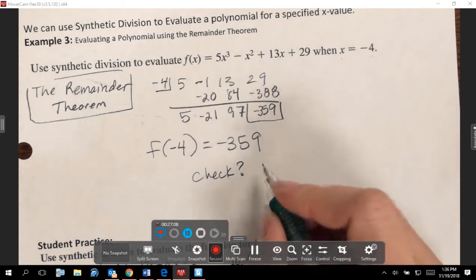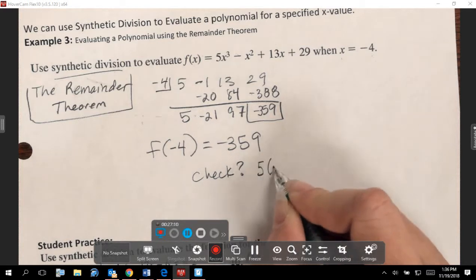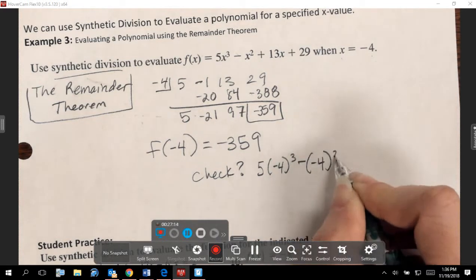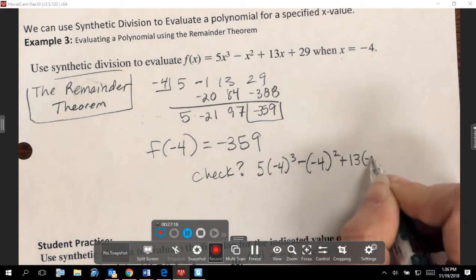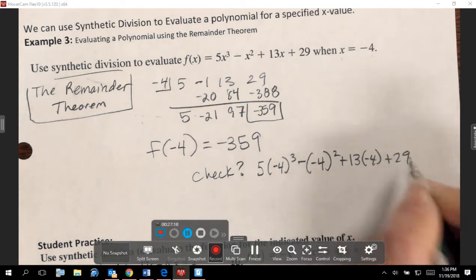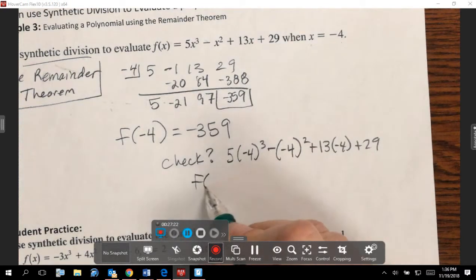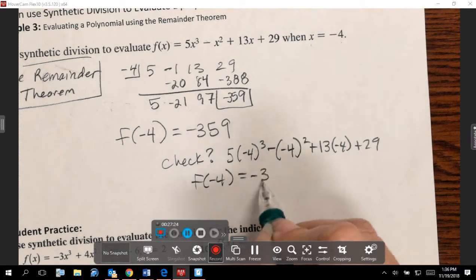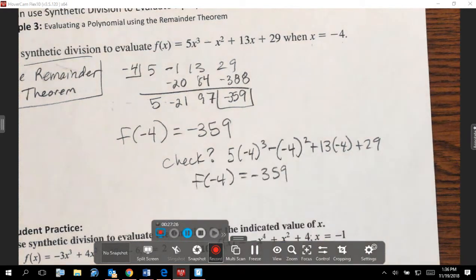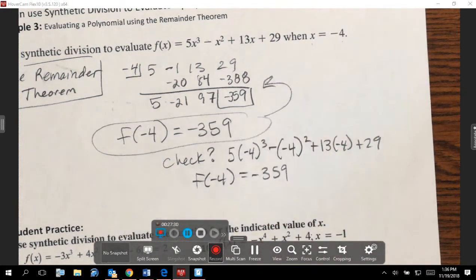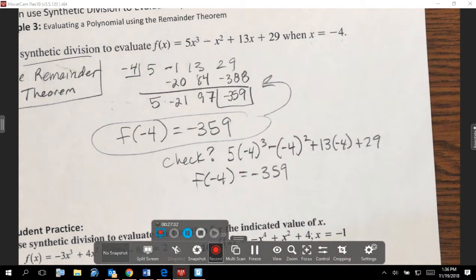You could take your calculator and do 5 times -4 to the third minus -4 squared plus 13 times -4 plus 29. You could type that all in your calculator. It should give you the same answer. These mean the exact same thing. We're just doing it a different method. We're using synthetic division instead of plugging it in to our calculator. Okay?